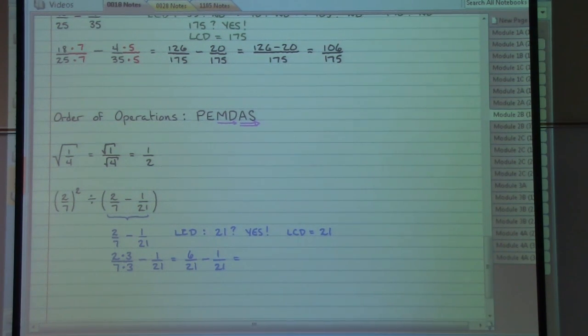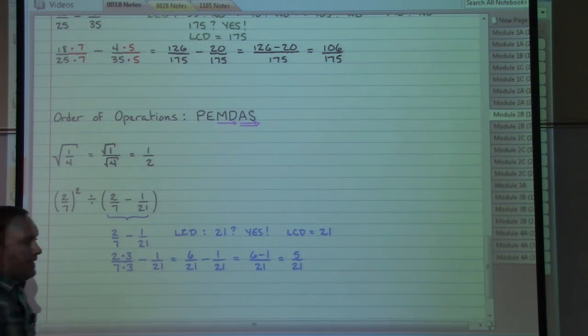We go ahead and add and subtract fractions by putting the numerators together and keeping the denominator the same. And once we've taken care of that, we ask ourselves if we could reduce.